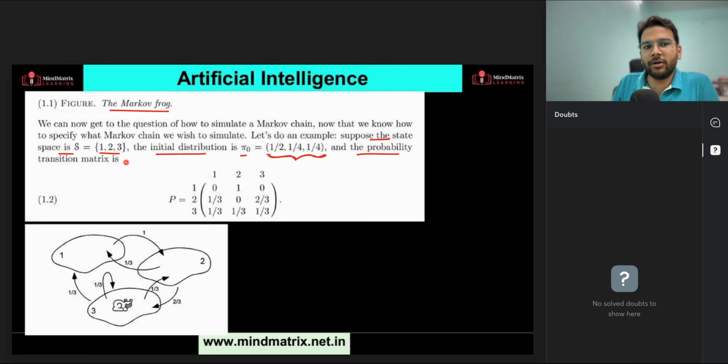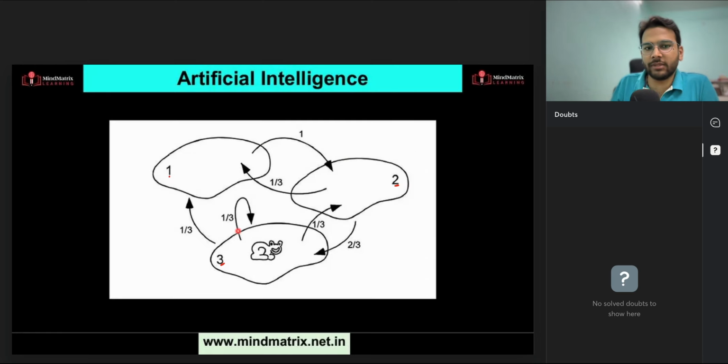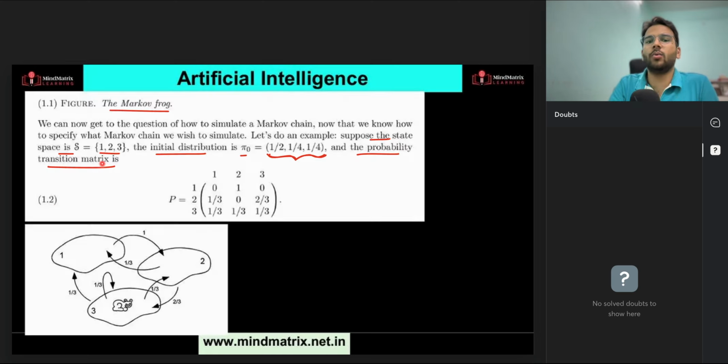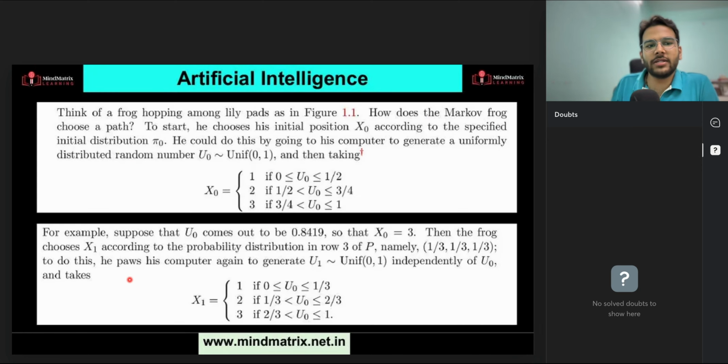Now, what is the transition probability matrix? I told you that from a given Markov chain, you can build the transition probability matrix. So this is what it is, right? Now it says, again the same thing, that to start with, the frog chooses his initial position x0 according to the specified initial distribution pi 0.